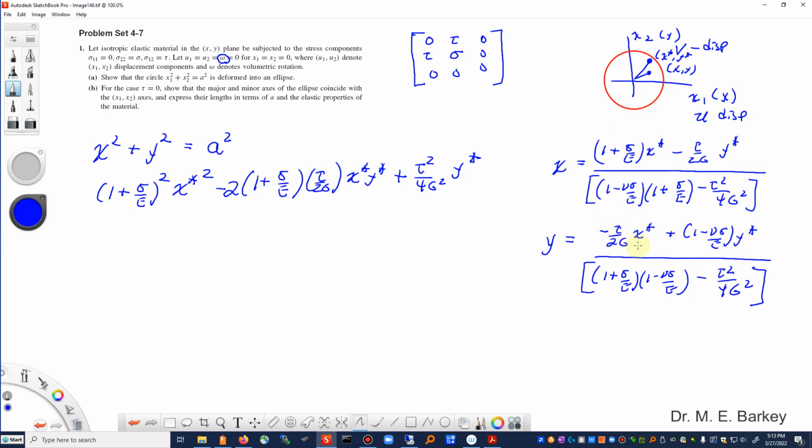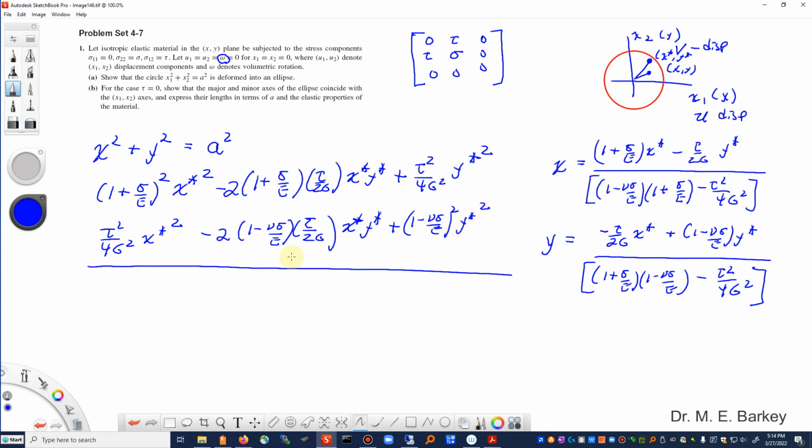Then we're going to have this squared, which is going to look like tau squared over 4g squared x star squared. Need a squared right here. I'm going to have a mixed term that's going to look like minus 2 (1 minus nu E sigma over E) tau over 2g x star y star. And then I'm going to have a term that looks like plus (1 minus nu sigma over E) squared y star squared.